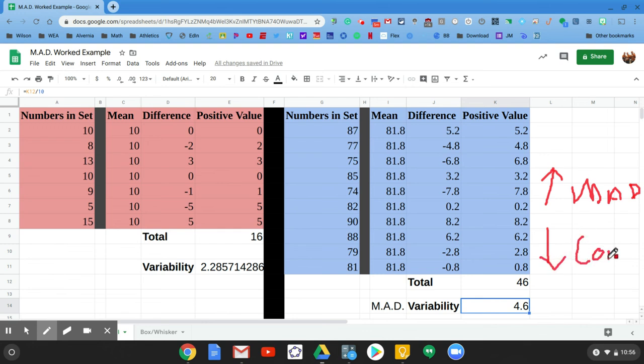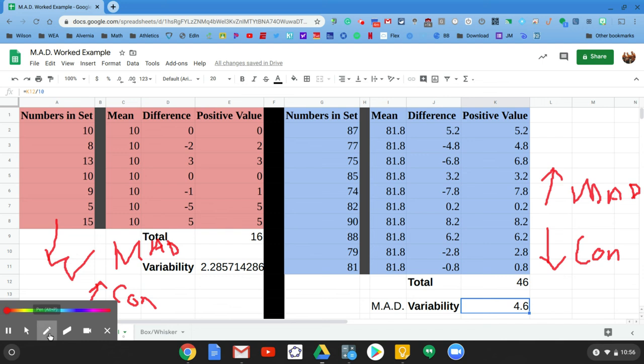I'll abbreviate. If I have a lower mean absolute deviation, excuse my writing, what that actually means is my consistency of my numbers is higher, and you can see that in the set here. Hopefully that makes a little bit more sense.